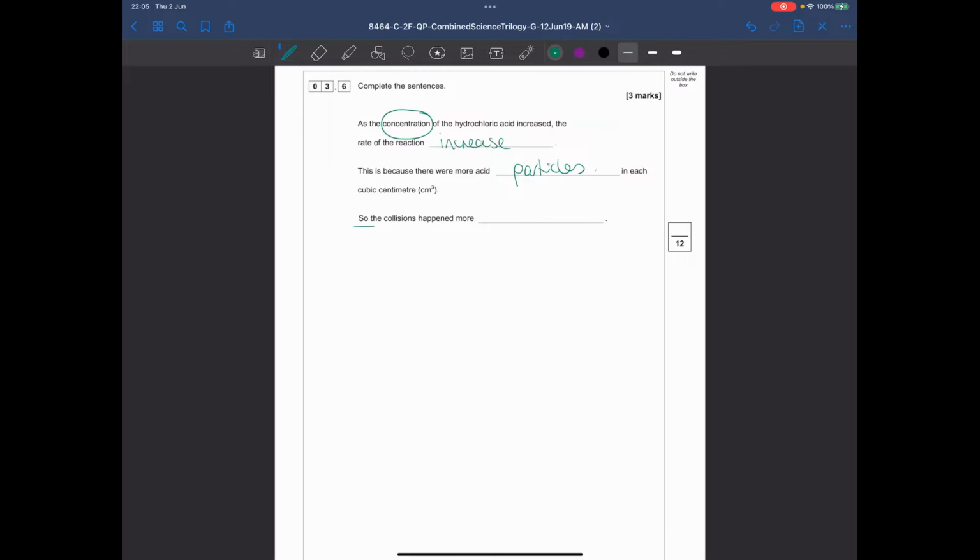So therefore the collisions happen more often or frequently. Okay, so this is your basic kinetic theory of reactions. If you don't remember that, make sure you go back and watch the revision video for it.